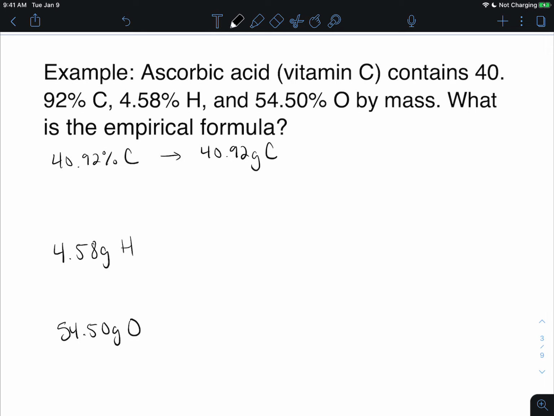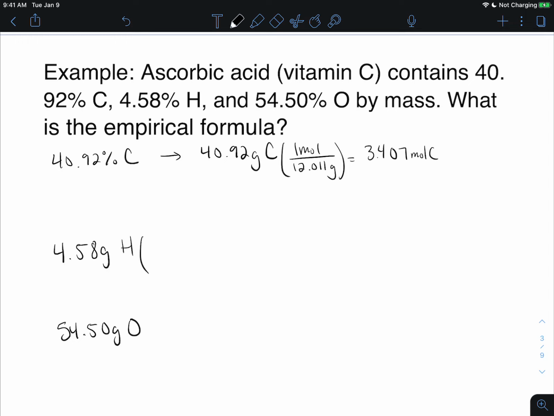Once we have our grams, we're going to convert each of them into moles using the molar mass from the periodic table. So carbon is 12.011 grams per 1 mole. And when we divide that out, we get 3.407 moles of carbon.